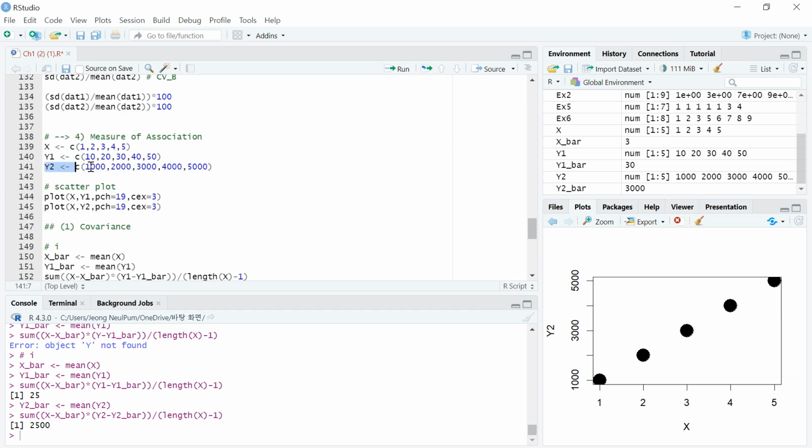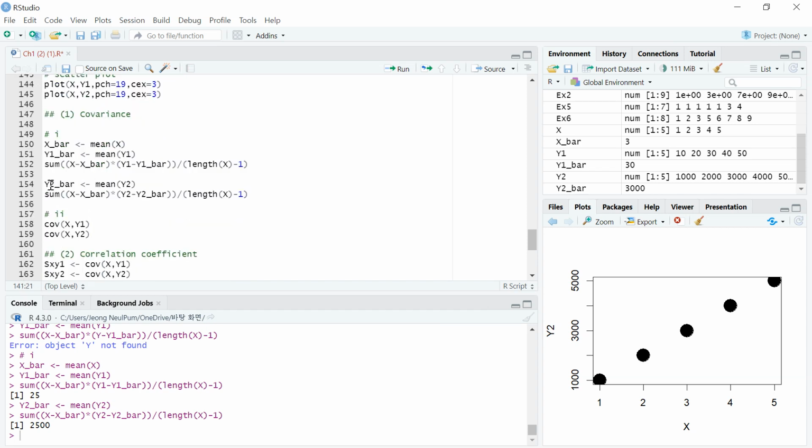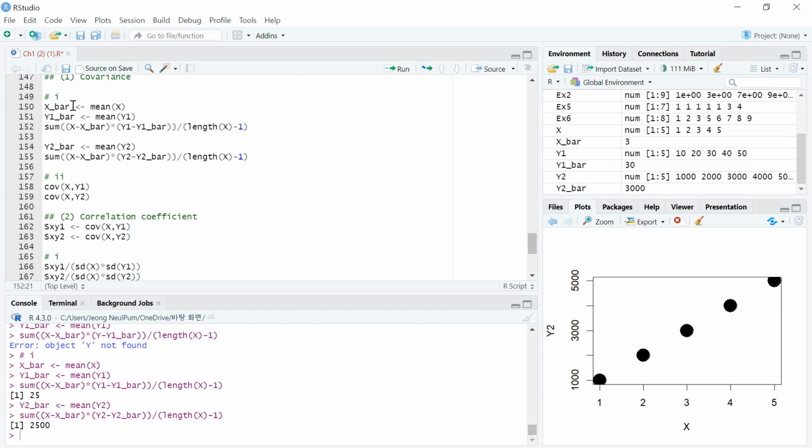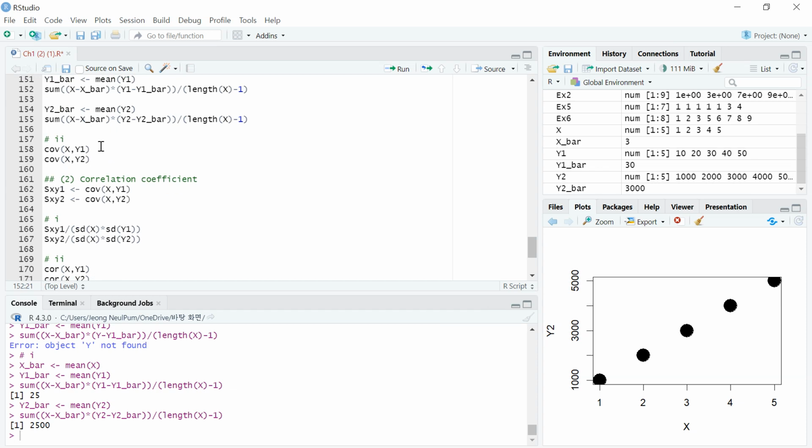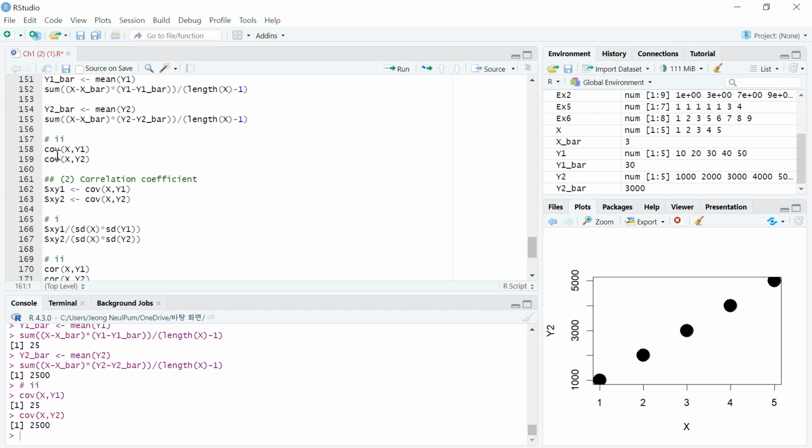Because y2 is larger than y1, the covariance between x and y2 is much larger than the covariance between x and y1, because covariance gives us the scale of the values as well as the measure of association. So you have to know about this one.